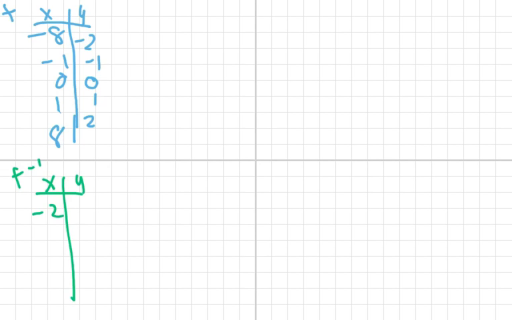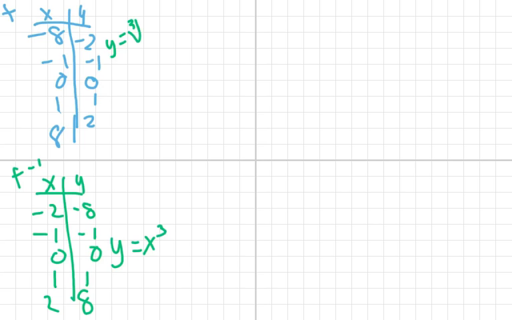So it's -2, -8, -1, -1, 0, 0, 1, 1, 2, 8. So basically, the inverse is actually y equals x cubed. Okay, this was y equals cube root of x. So they're inverses of each other.